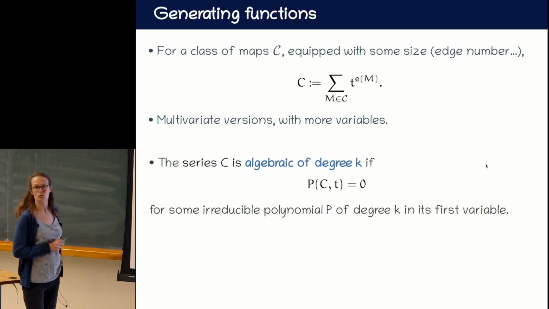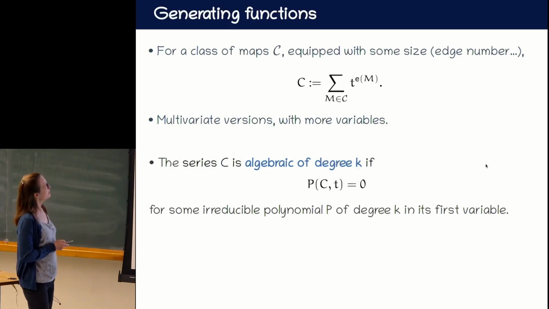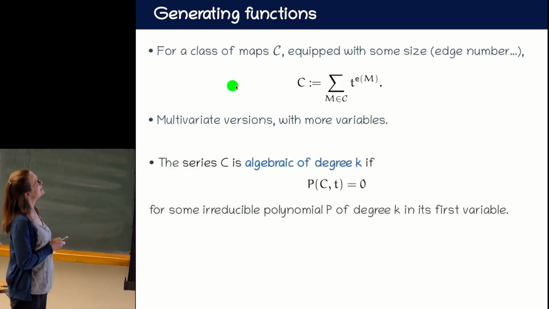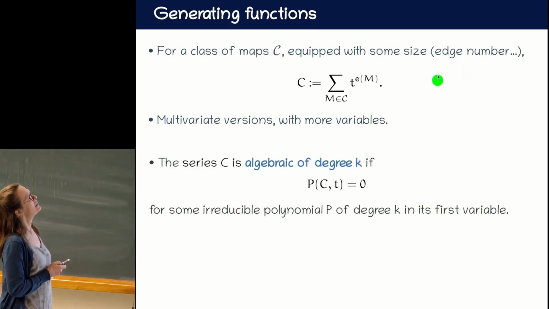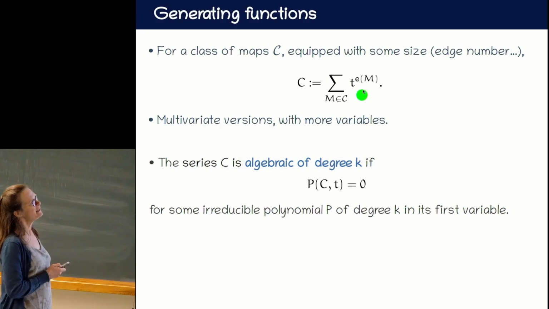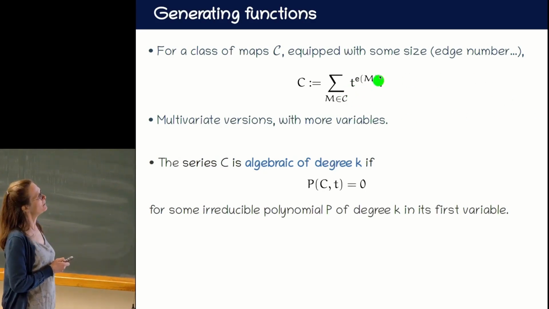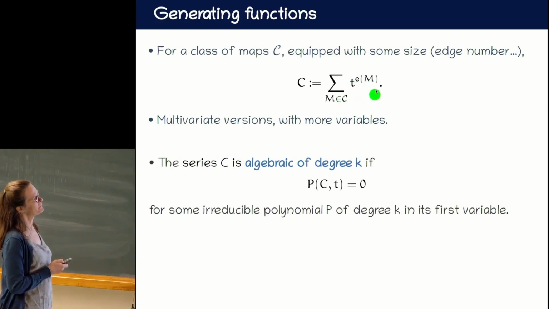Our favorite tools, my favorite tools, are generating functions. So if you have a class of maps C equipped with a certain size, say the edge number, the associated generating function is a formal power series in one variable t. So this t will systematically be my size variable, and every map of the class contributes a monomial t to the edge number.